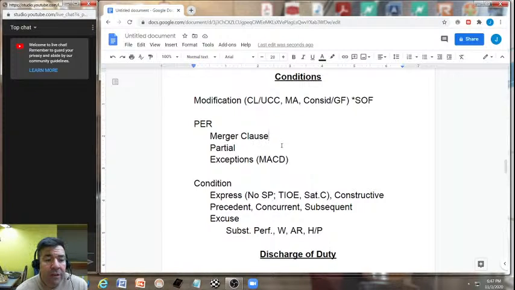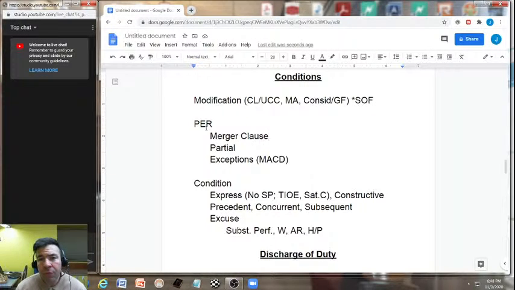Now, looking at the parole evidence rule, the parole evidence rule is defined as such that a prior or contemporaneous communication, written or oral, cannot come into an otherwise integrated agreement to vary, alter, or change that agreement. So let me summarize that.